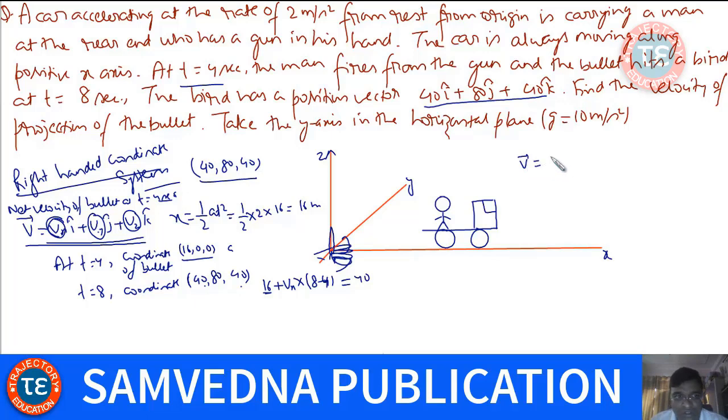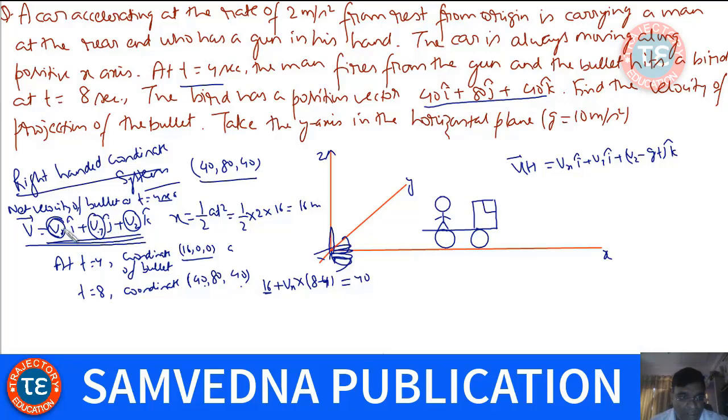In general what I can say is that Vx will remain the same at time t, and this is going to be Vz minus, so this is the velocity of projection.